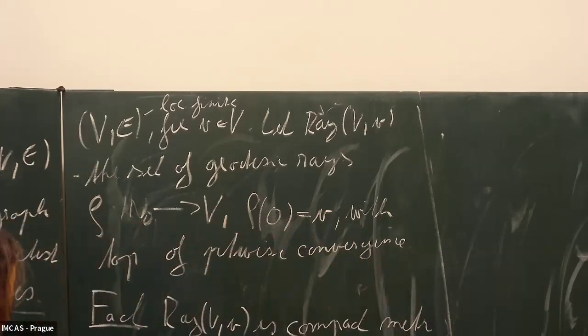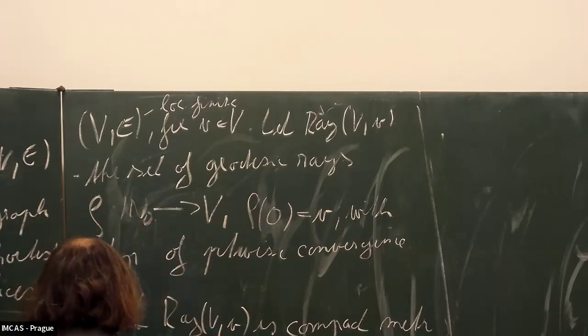Yeah, so now I can define a metric. If you take two rays, rho and rho prime, you can define a metric, actually an ultrametric, in the following way.